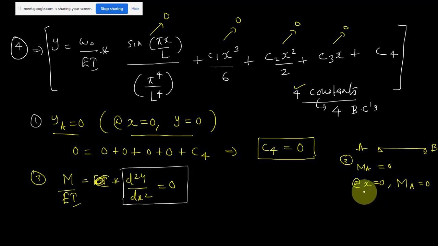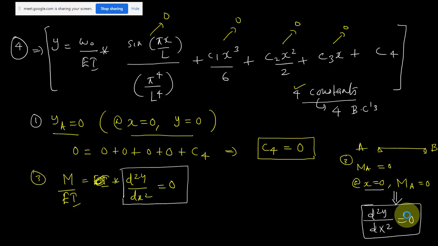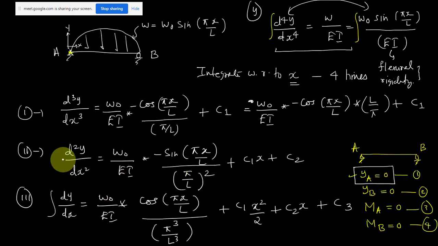So this boundary condition, x equal to 0 with moment 0, will give you the condition x equal to 0 and d square y by dx square equal to 0. Now I can apply this condition in equation number 3, the equation number 2, this equation.